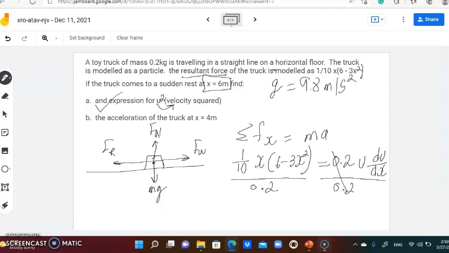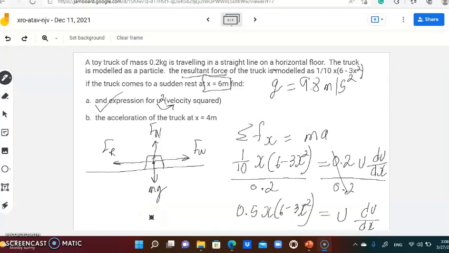That is going to leave me with u du dx is equal to 0.5x times 6 minus 3x squared.